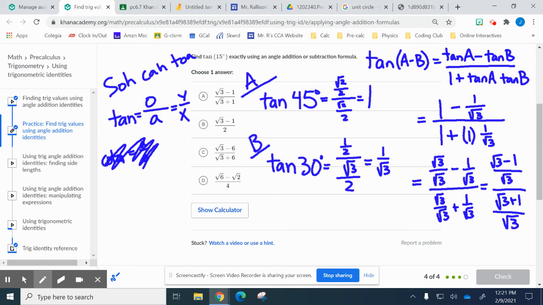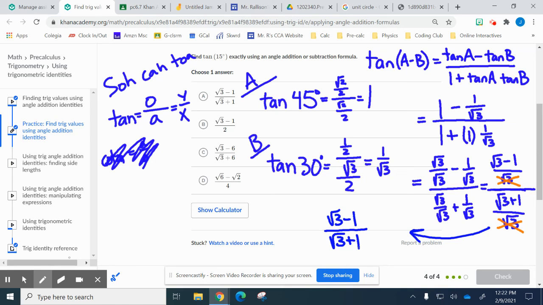Now remember, if you have a fraction in the numerator and a fraction in the denominator, and the denominators of those subfractions are the same, you can just drop them out. They no longer apply. So that leaves us with the square root of 3 minus 1 over the square root of 3 plus 1.